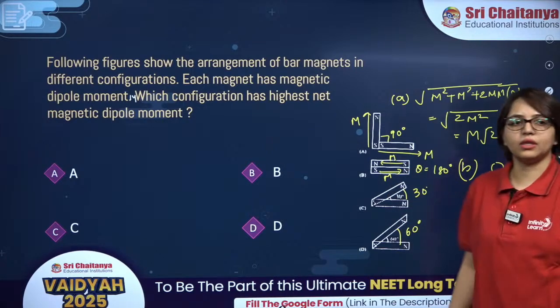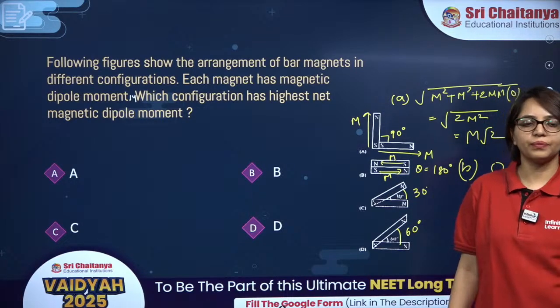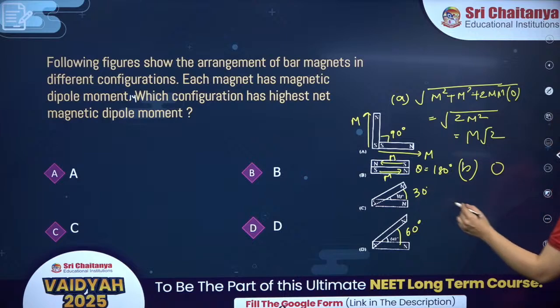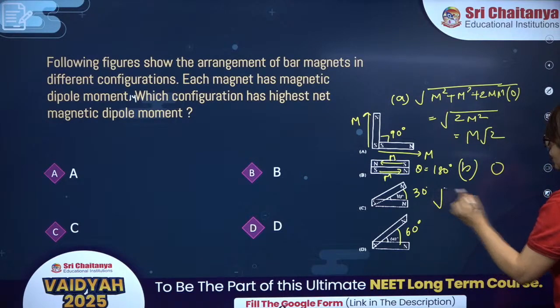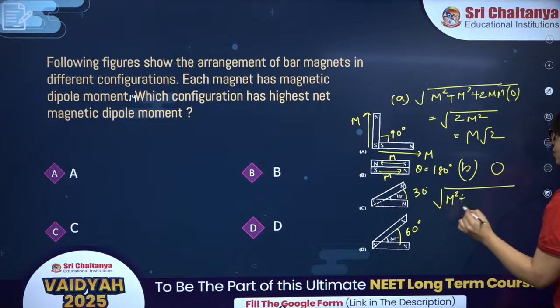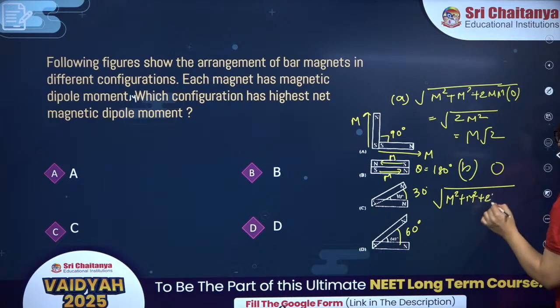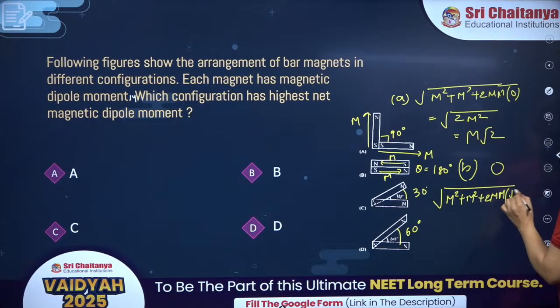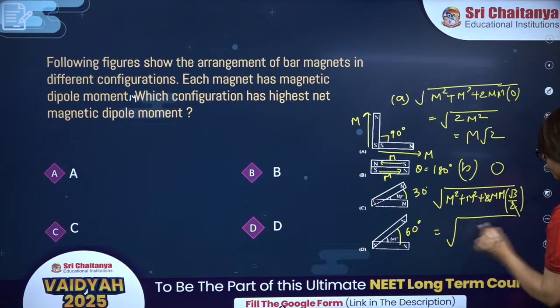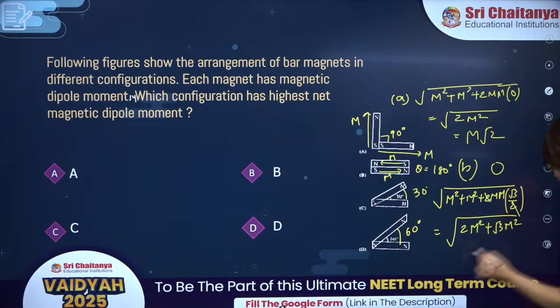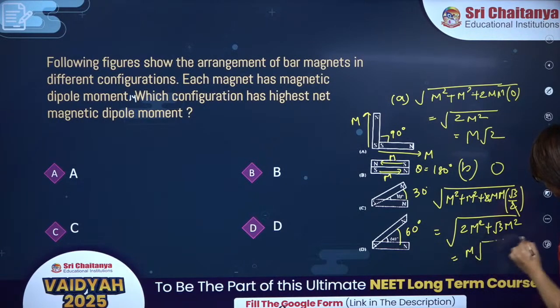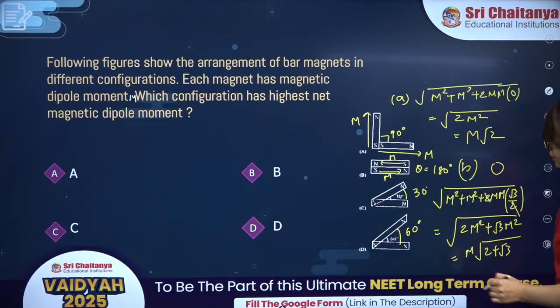Now the third one: the angle is 30 degrees, cos 30 degrees is root 3 by 2. So it will be the square root of 2m squared plus root 3 m squared, which is m times the square root of 2 plus root 3. So this is for the third one.